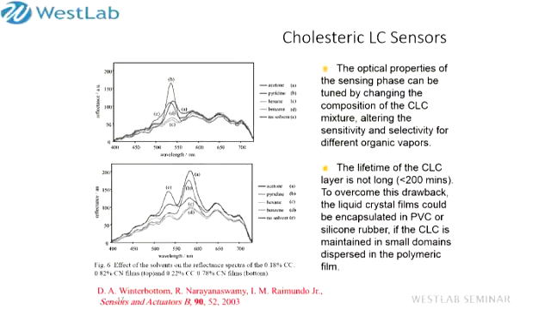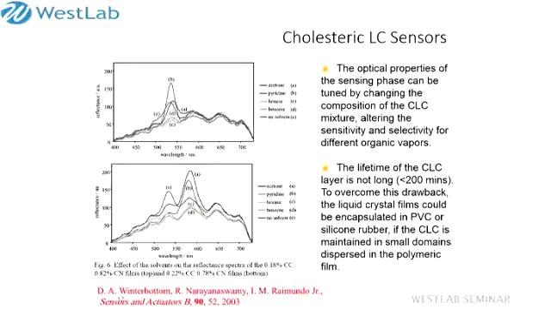In the cholesteric liquid crystal sensor, the optical properties of the sensing phase can be tuned by changing the composition of the cholesteric mixture, altering the sensitivity and selectivity for different organic vapors.